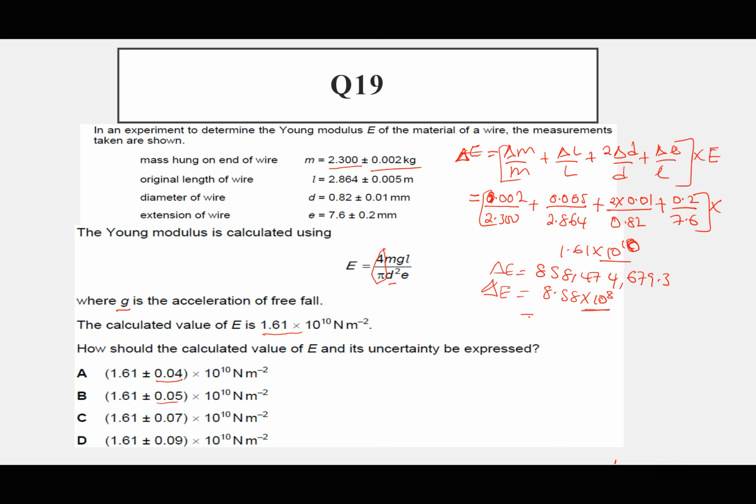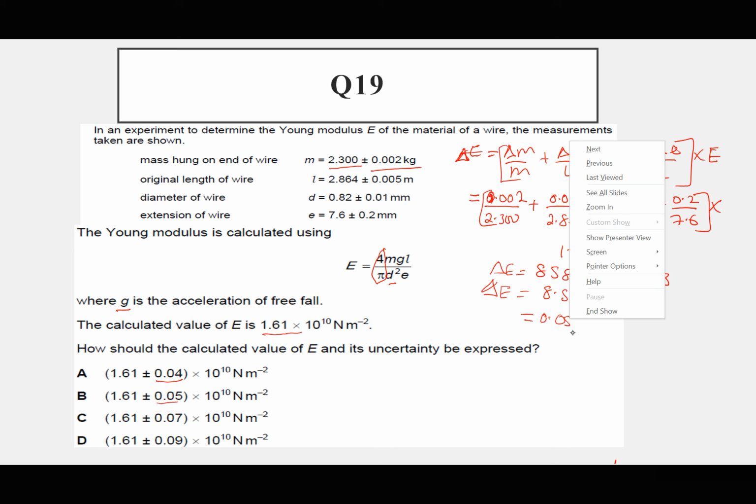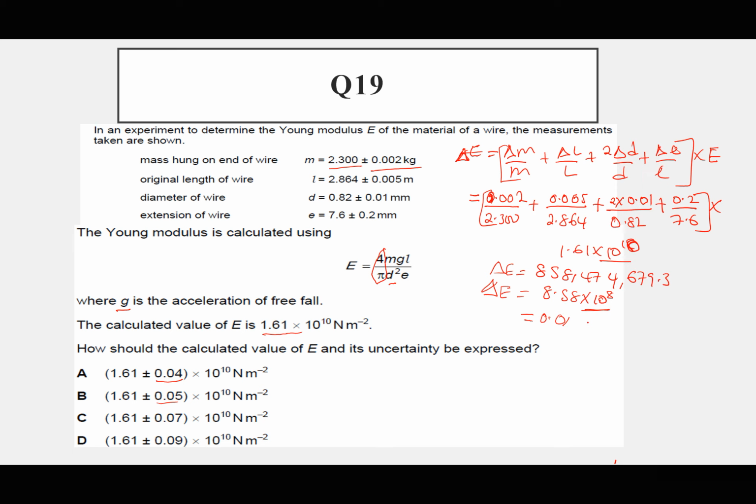So I will move 2 steps in front: 0.0858 times 10 power 10. I've now moved 2 steps to the left, so it becomes positive power 10. To one significant figure, this will be 0.09 times 10 power 10.